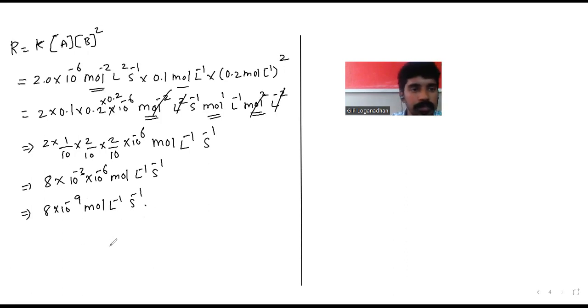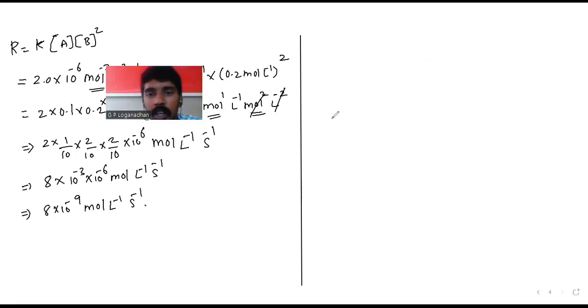Next one is, when the concentration of A is reduced from 0.1 mole to 0.06 mole per liter, you have to find the rate of reaction. See, initially the concentration of A is 0.1 mole per liter.